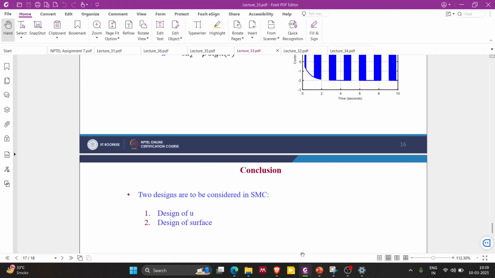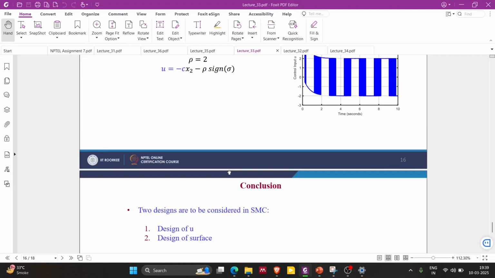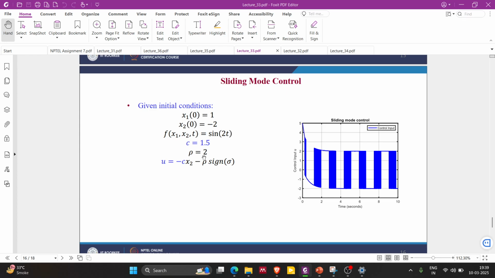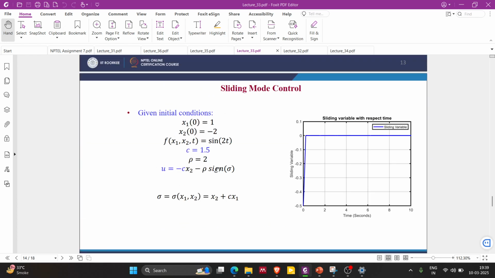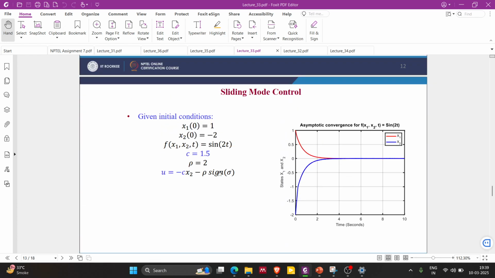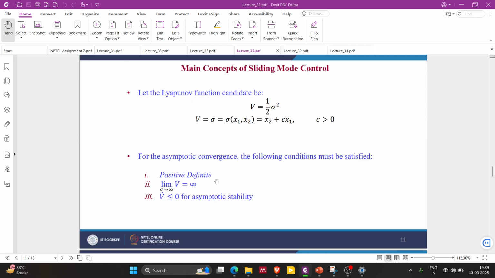In our case, what is the sliding variable? Sigma is your sliding variable. And what properties should sigma hold?